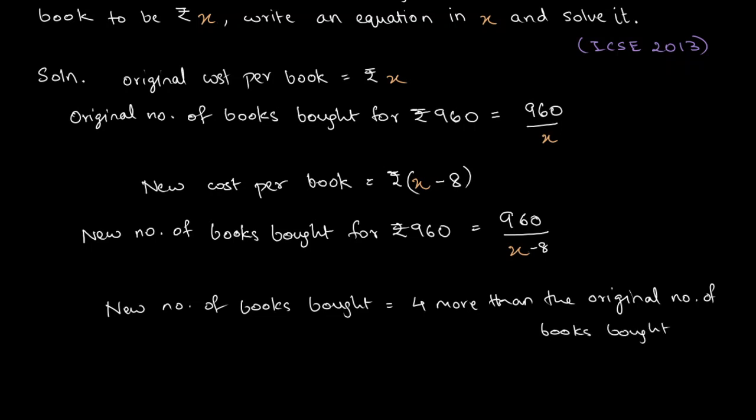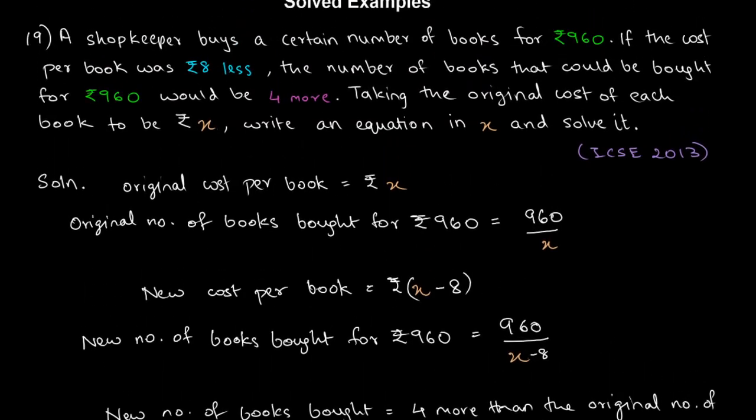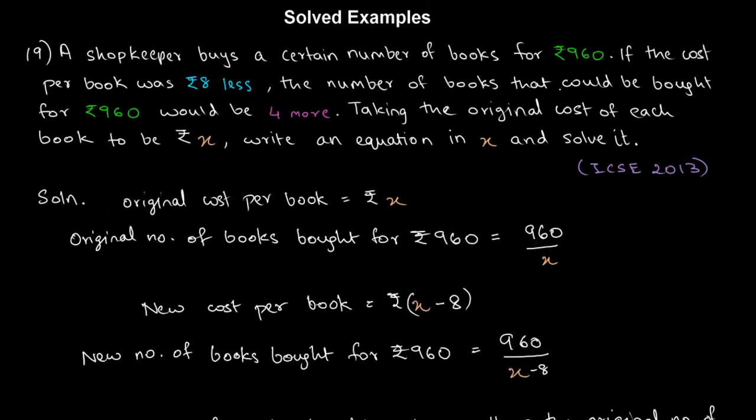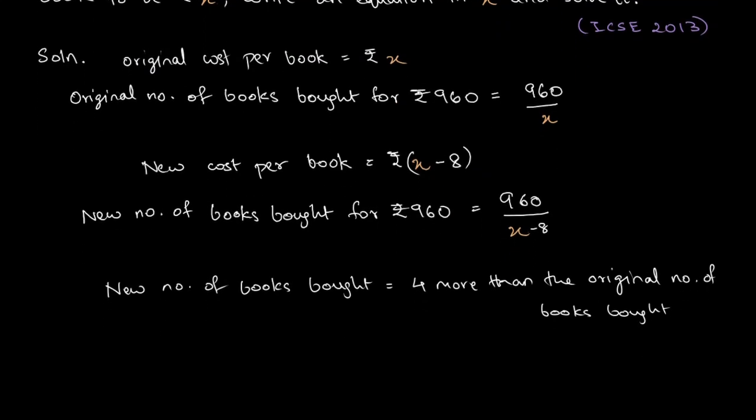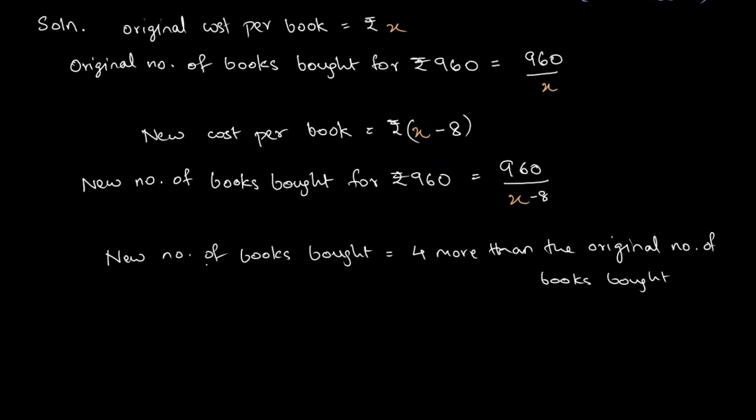That is what they've told us here, that if we are paying 8 rupees less per book, the number of books that could be bought would be 4 more, and which makes sense. If the price per article is reduced, we would get more articles, right? So we need to translate that statement into an equation. So the new number of books that are bought is 960 upon X minus 8, that is equal to 4 more, right?